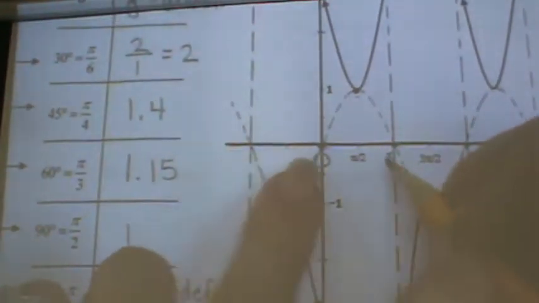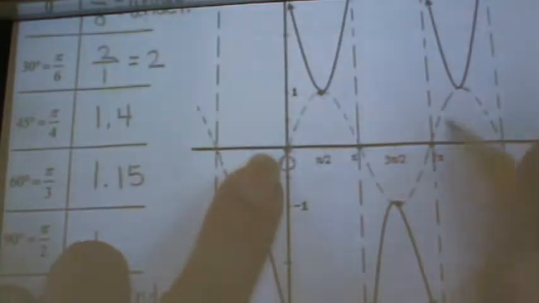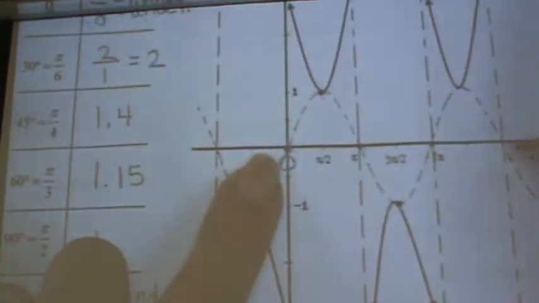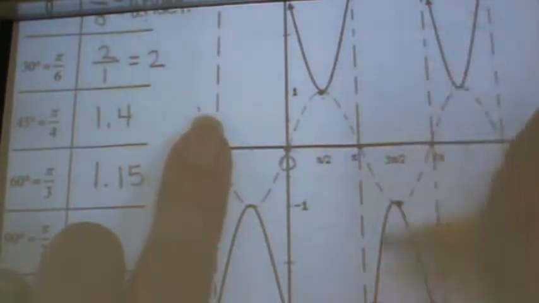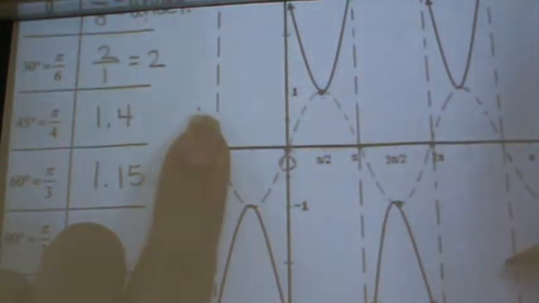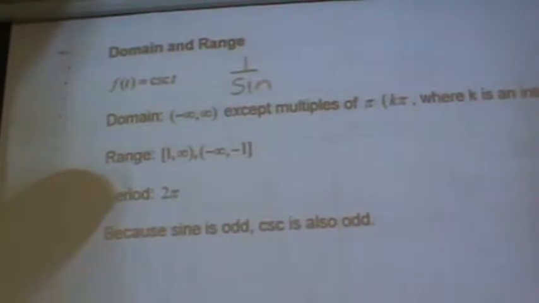So we had, here's 0, at pi, at 2 pi, at 3 pi, every pi you had an asymptote. So it's undefined here. Okay, so your domain for the cosecant is all real numbers except multiples of pi.